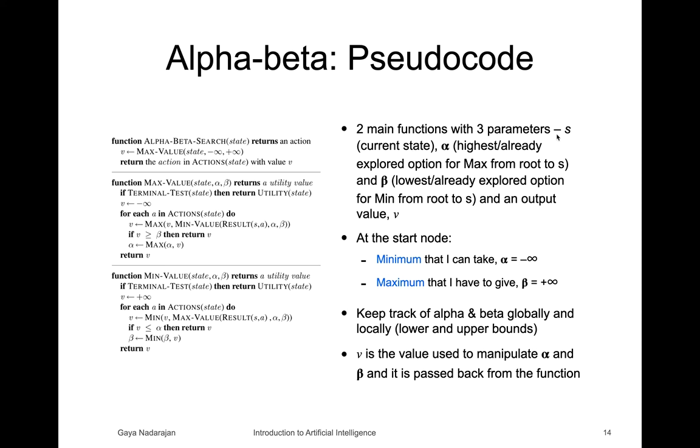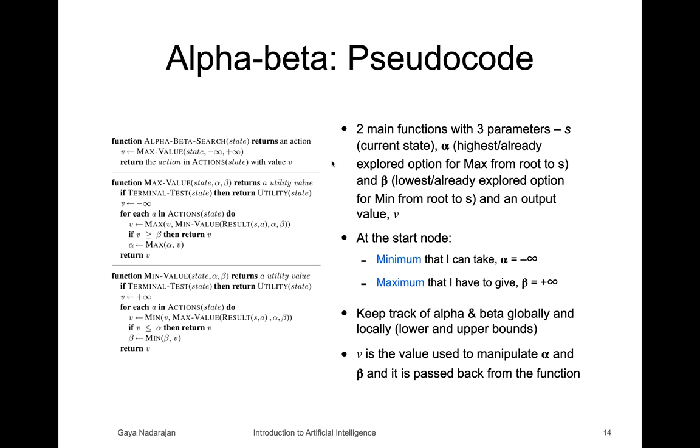So it takes three parameters, which is the state, alpha, and beta. Alpha actually represents the highest or the best already explored option for max from root to the current node. And beta represents the lowest value or the best value for min, from root to x.